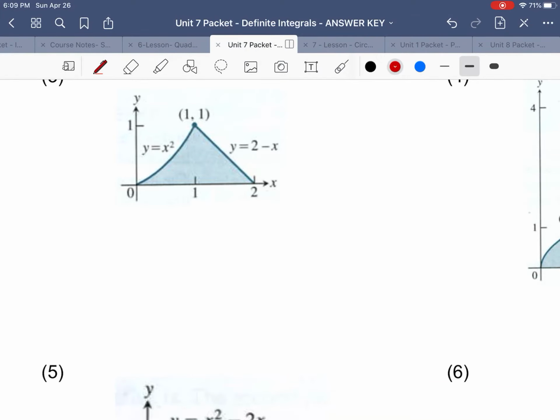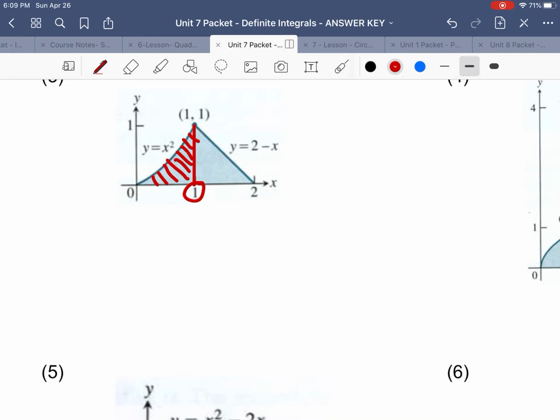So if I want to find the area of the shaded region, and the region is already above the x-axis, that's actually the easiest possible scenario. What I can do is just kind of partition it into two separate areas, with one function being the dominant function over the first interval, and the second function being the dominant function over the second interval.